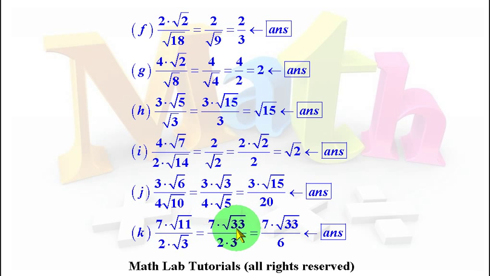And on the bottom we get 2 times root 3 times root 3, which is just 3. So we get 2 times 3, which is 6. 7 over 6 will not reduce. And the square root of 33 will not reduce. So voila, we are done.